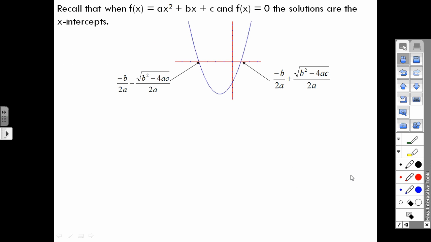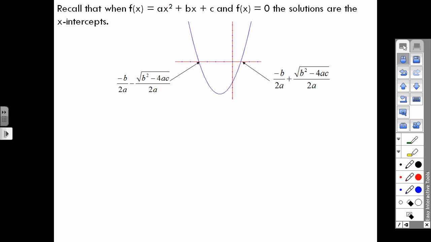You may recall that whenever we set our function equal to 0, what you're saying is the y values are 0. What are the x values? Those are the x-intercepts. It's where your graph crosses the x-axis. And if we don't know exactly what a, b, and c are, we could calculate those x-intercepts using the quadratic formula.